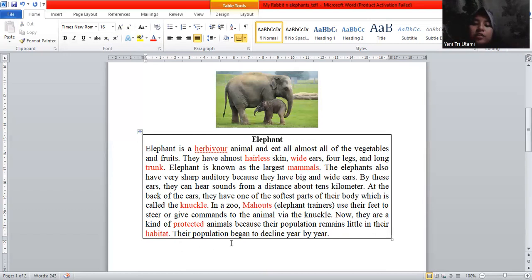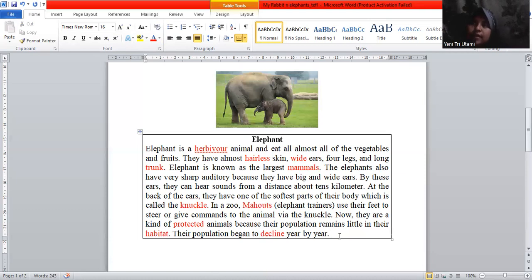And their population began to decline year by year. Decline has a similar meaning to decrease or reduce. So this elephant population began to decrease year by year. Okay, so sad, guys.